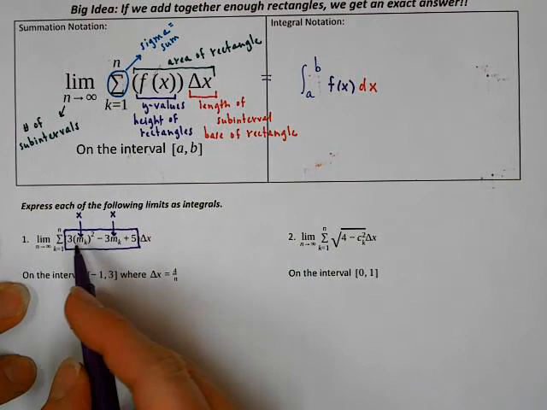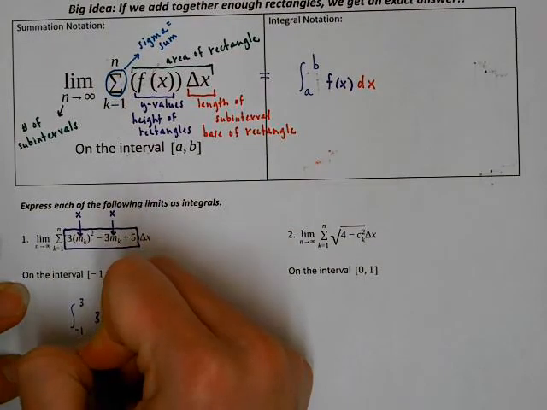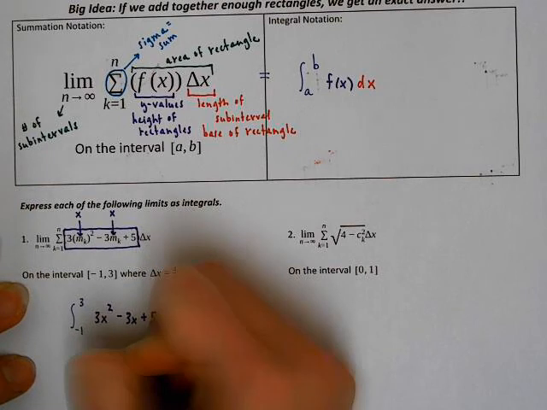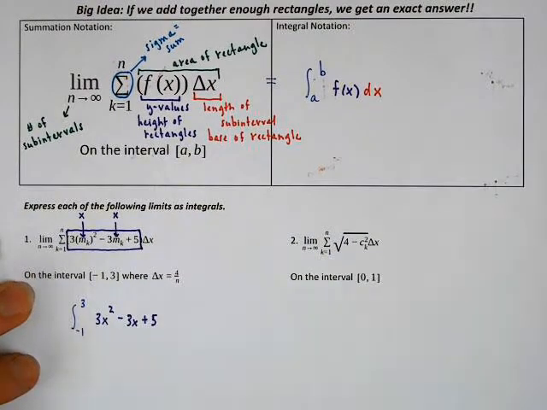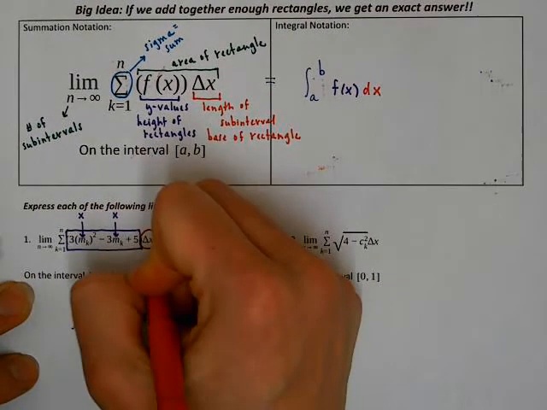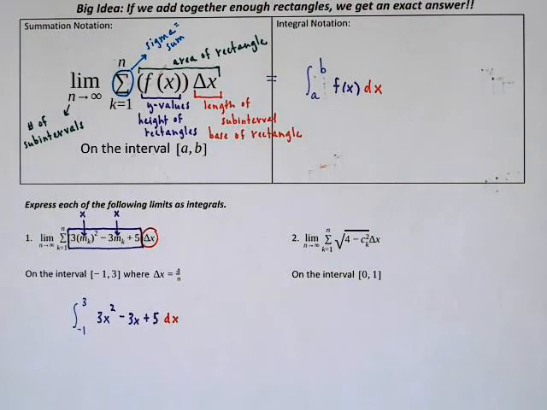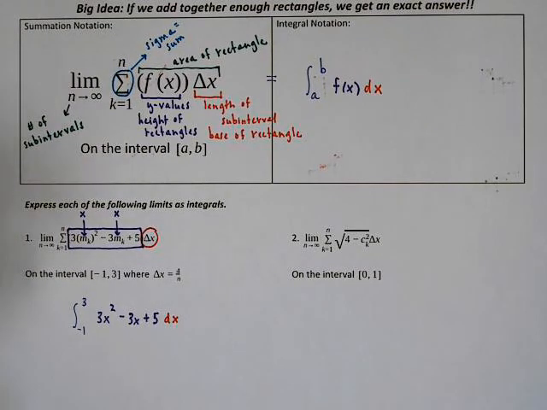So the idea is that this just becomes 3x squared minus 3x plus 5. And then our delta x is just replaced with a dx. So they're not asking us to evaluate the limit, or do anything with it, just express the limits as an integral.